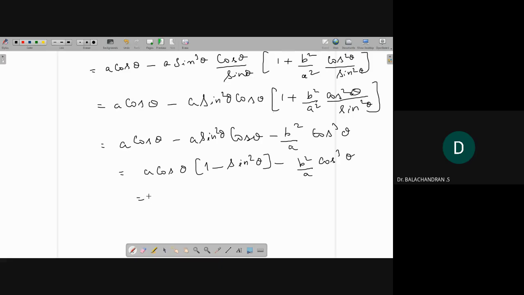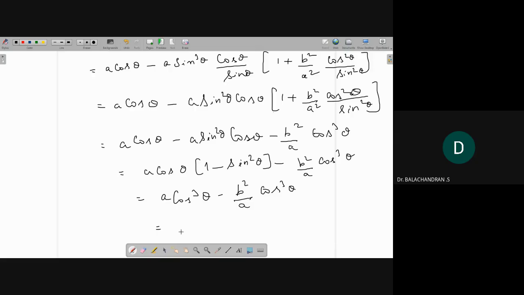So this is equal to cos square theta. So a cos theta into cos theta is a cos cube theta minus b square by a into cos cube theta. So take a as LCM.